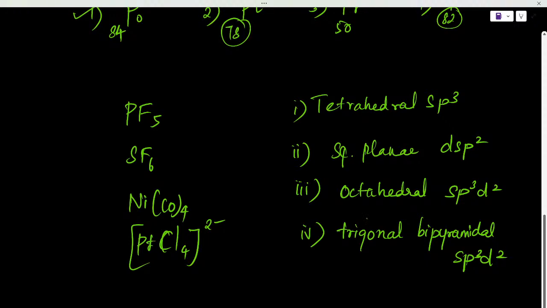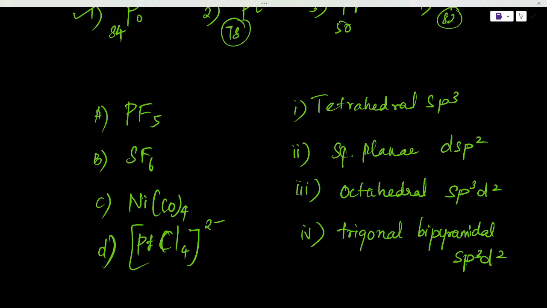Okay. So which goes with which one? Let me name it, just tell me in the chat. We very well know about this nickel carbonyl complex. We have solved so many problems on nickel carbonyl in coordination complexes. The nickel carbonyl complex will take a tetrahedral shape, correct. So C to 1.